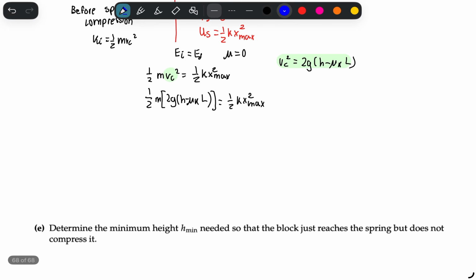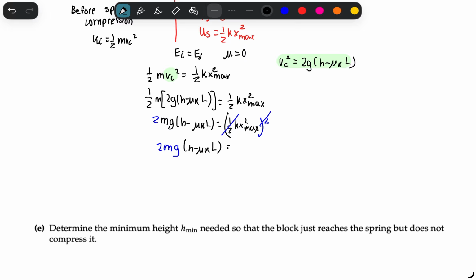On the left side, we can simplify this. We have mg (h minus mu k L), and this is equal to 1/2 k x max squared. After this, we have a 2 over here, so we can multiply both sides by 2 and cancel that out. So we have 2mg (h minus mu k L) is equal to k x max squared.